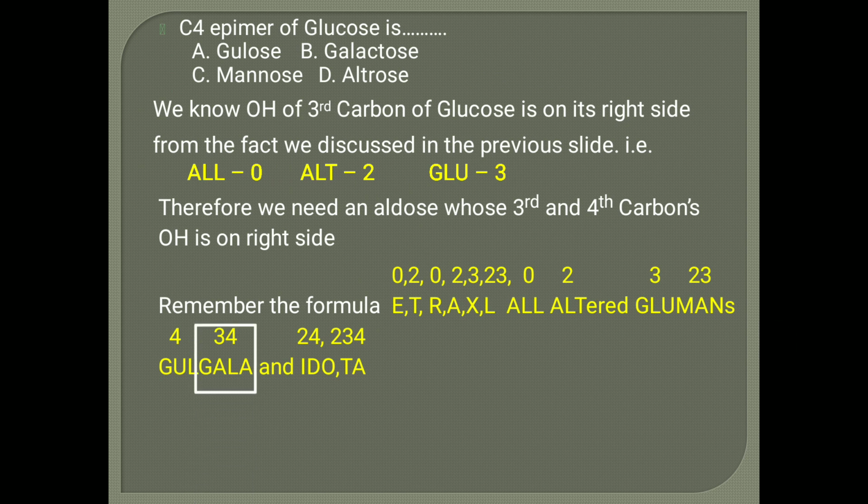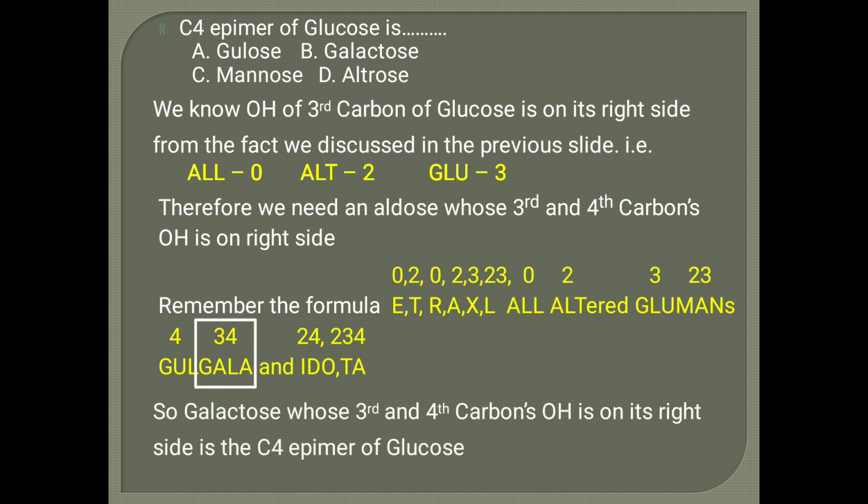So we can see here that gala has 3 4, where the third and fourth carbon OH are on the right side of the molecule. So gala, which represents galactose, is the monosaccharide that we are looking for. So galactose, whose third and fourth carbon OH are on the right side, is the C4 epimer of glucose.